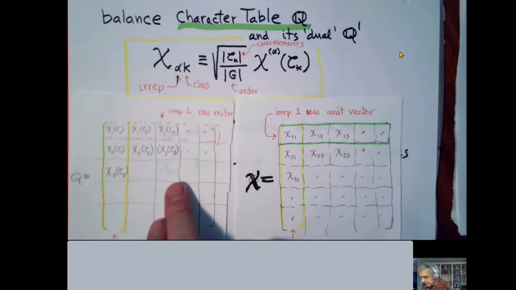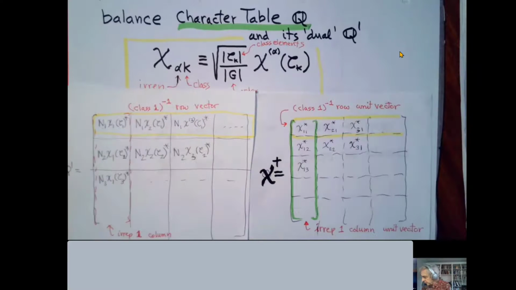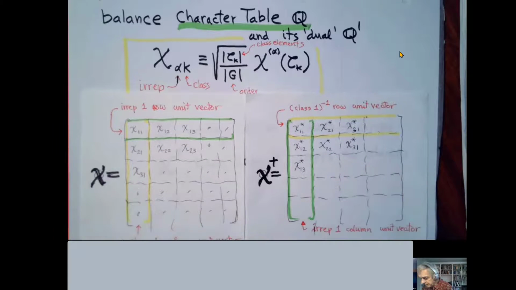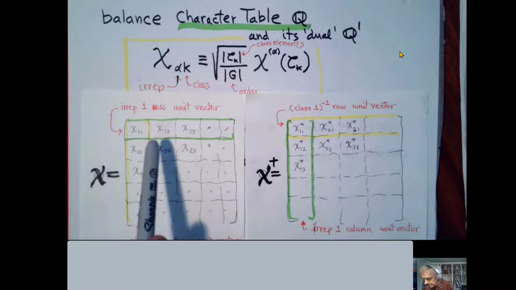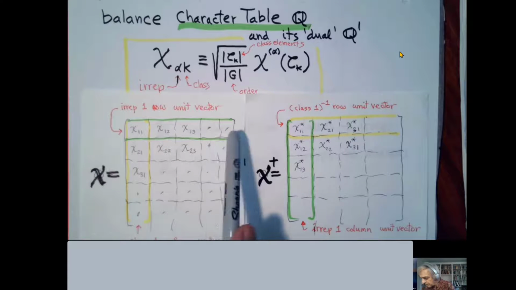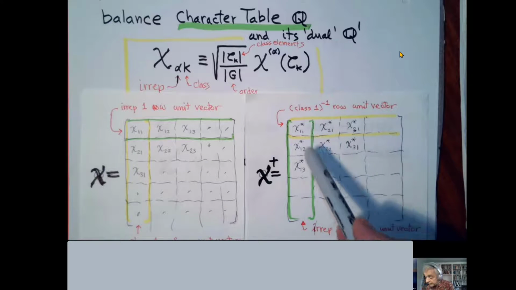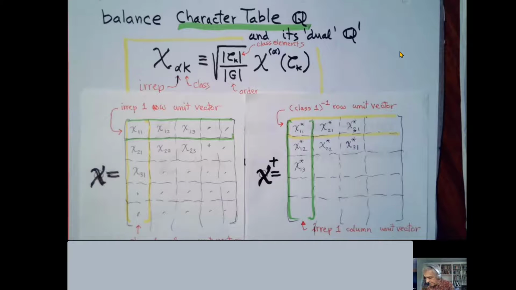Now, when I do that, the other guy turns out to be simply the transpose complex conjugate of what's called chi prime here. And now what's happened is that what for chi used to be a row, after transposition becomes a column, but with the complex conjugate of every character.